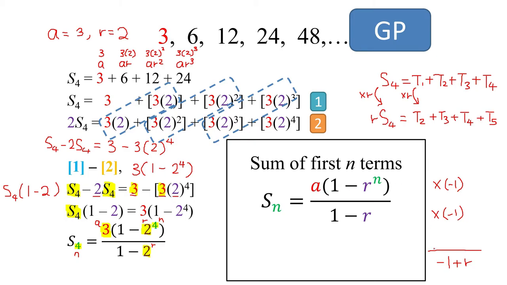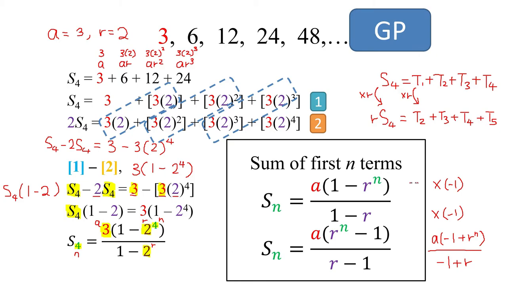But if I want to remain the A as positive A, then the thing inside will be negative 1 plus R to the power of n. So with that, I get my second formula of the sum of the first n terms for GP: A bracket R to the power of n minus 1 over R minus 1. So these two formulas are actually the same. I will encourage students to just stick to one formula. We usually refer to the first one.